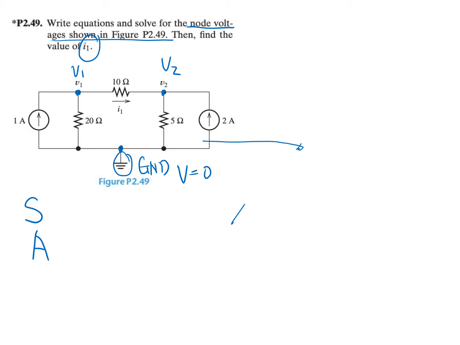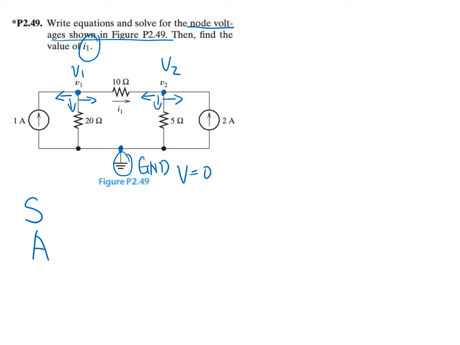So in this case, we have three nodes in total, and 2 nodes are where we are going to apply the KCL. That's node 1 and node 2. We assume that the currents flow away from these 2 nodes, and we can thus write 2 KCL equations.